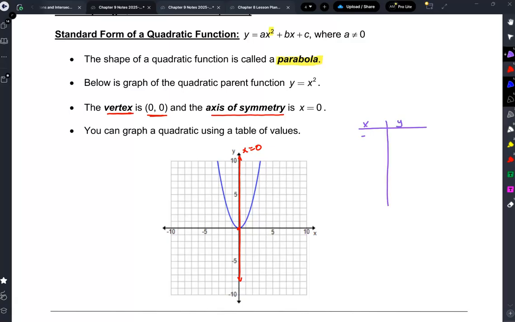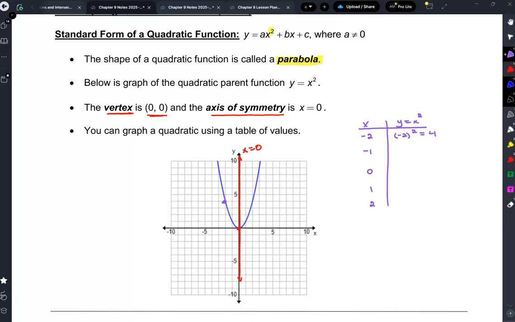So look, let's pick -2, -1, 0, 1, and 2. Now y, my function is x squared. So I take x, -2, squared, that gives me 4. So I have -2, comma 4, that's that point.